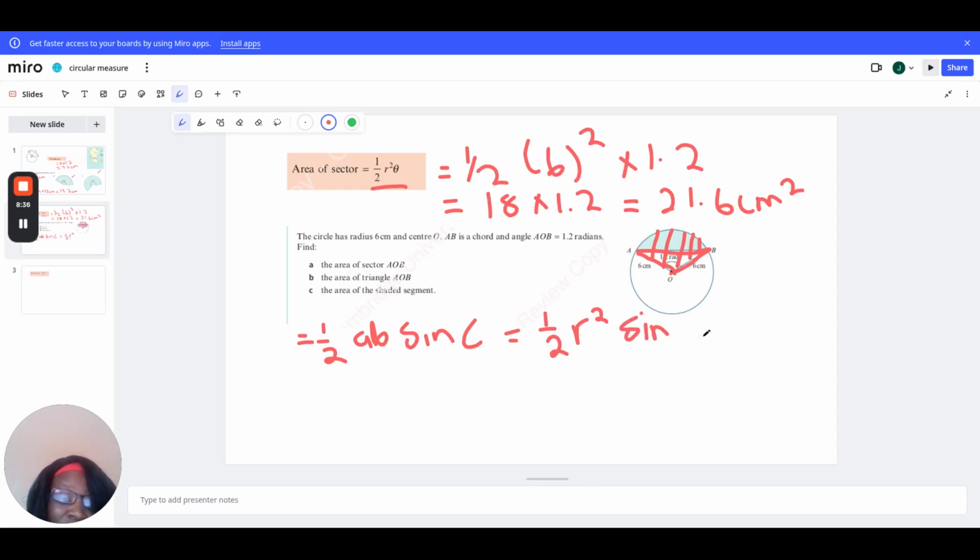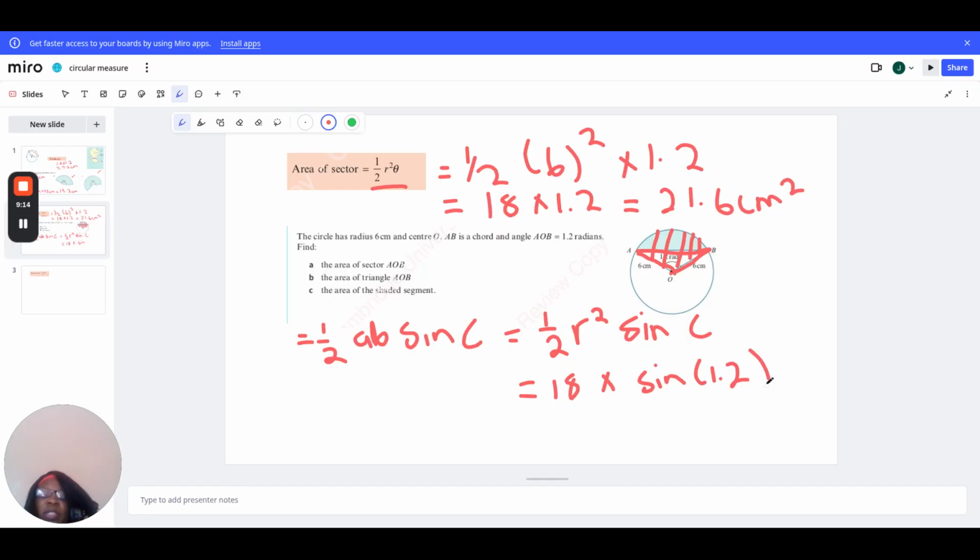It translates actually to half r squared times the sine of the angle. What is that? So it's half of 36, which is the same as what we had, the 18, times the sine of 1.2 radians.